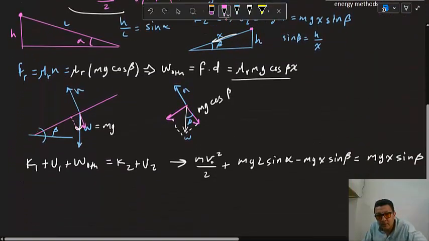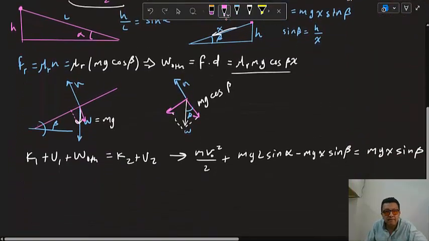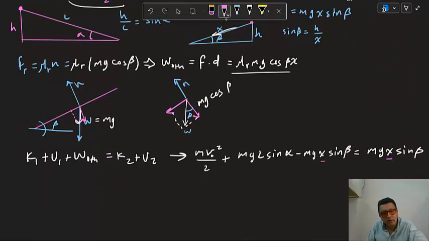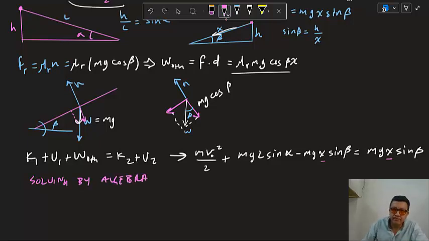And we have x here. We have to solve by algebra, and get the final expression.